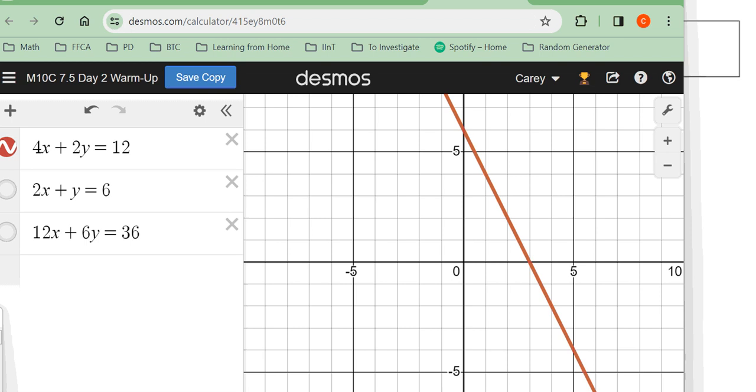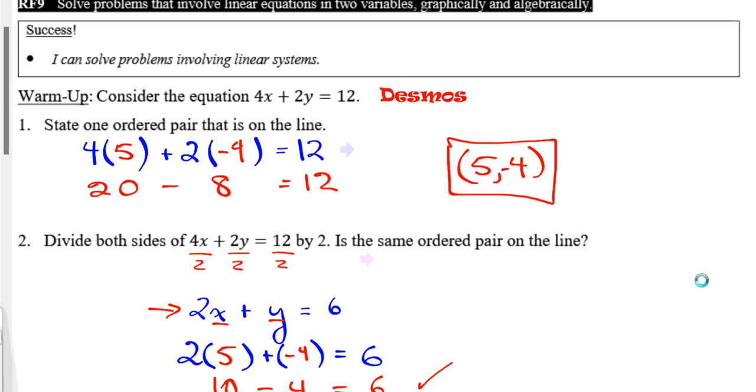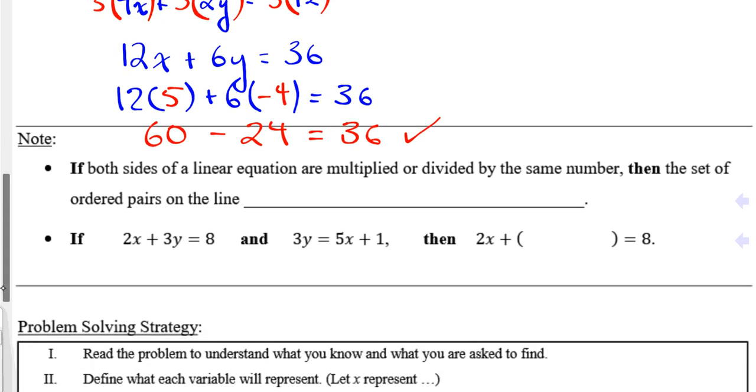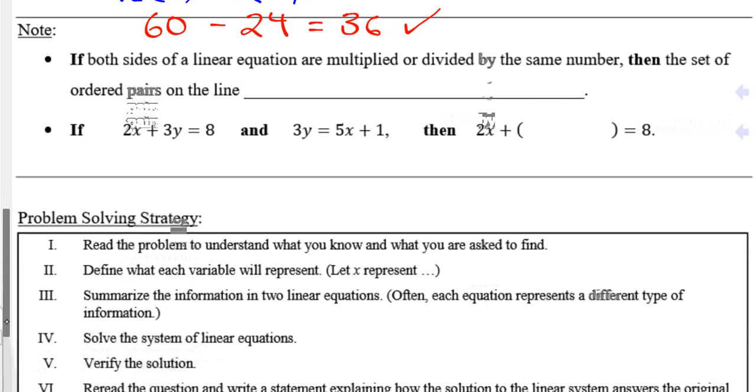We would say they're coincidental, or they coincide with each other. So if both sides of a linear equation are multiplied or divided by the same number, then the set of ordered pairs on the line does not change because we have the same relationship between the x's and the y's.